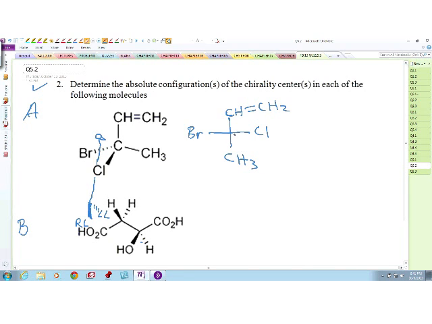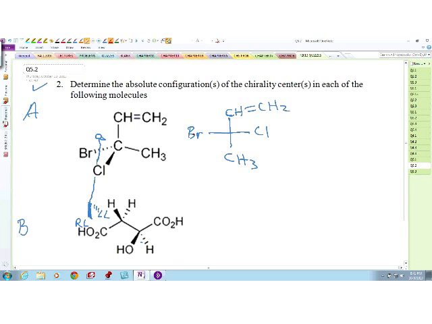Now what we've done here is to take a look at this chirality carbon and write it so that all of the 4 different groups attached to it are in a Fischer projection. Bromine and chlorine are coming at me, this group with a carbon-carbon double bond is going away, and the methyl also going away. So now let us assign absolute configuration.